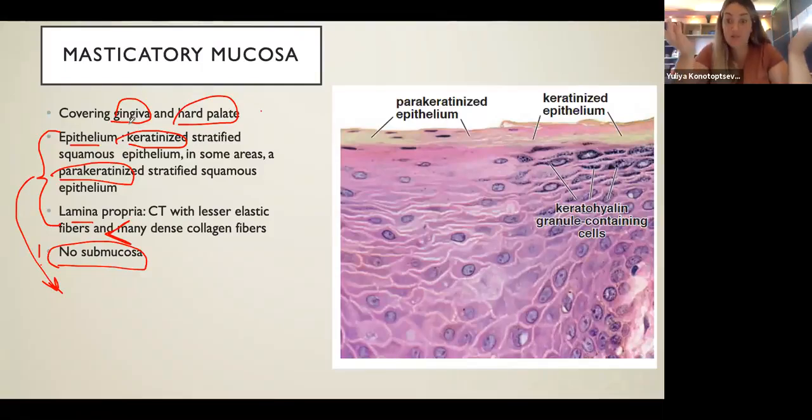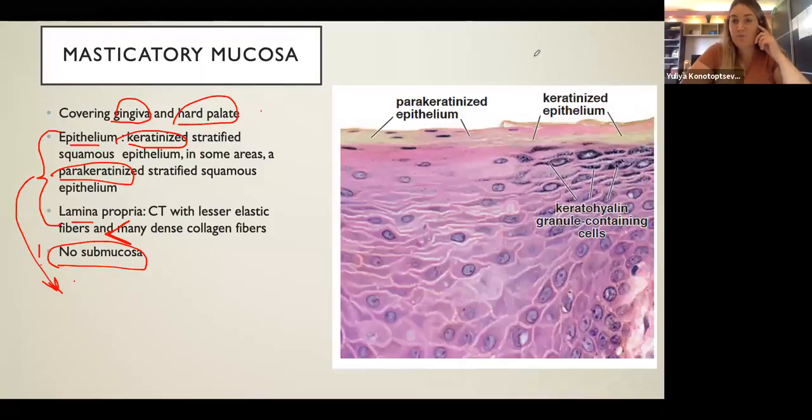What is that white? It's a bone. The same for your hard palate. If you spread it a little bit, there is a bone behind. So masticatory mucosa attaches directly to the underlying bone. Remember this, okay? So there is no submucosa, it attaches to the bone directly.